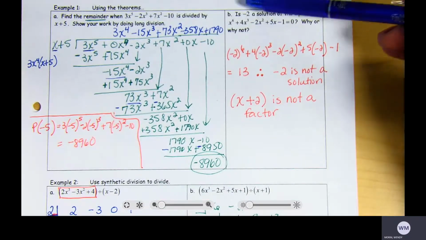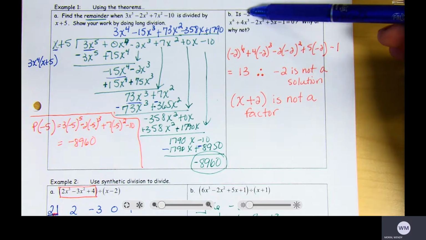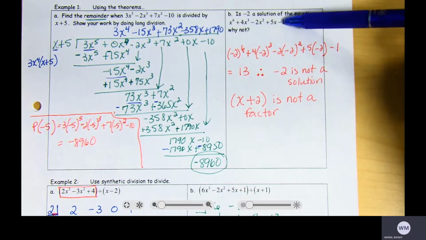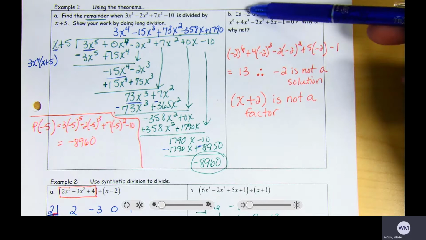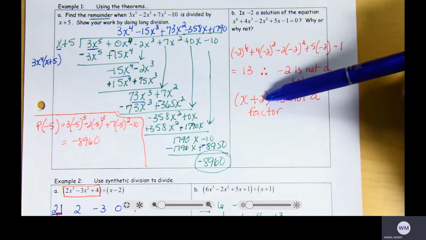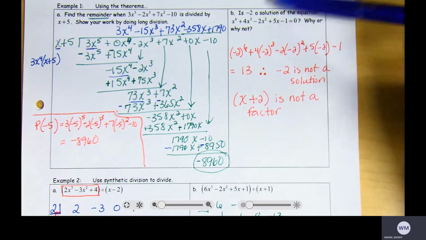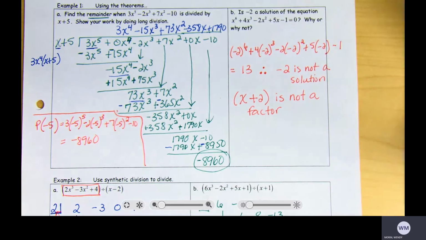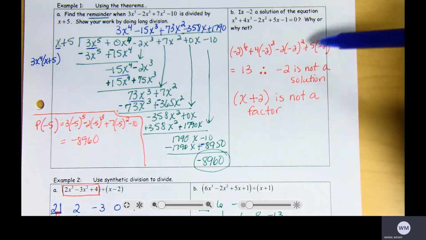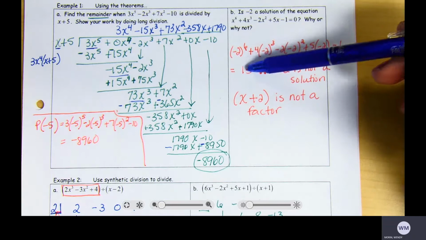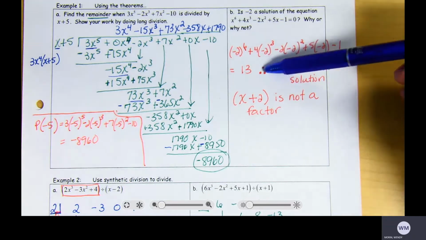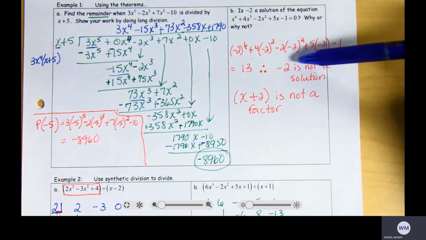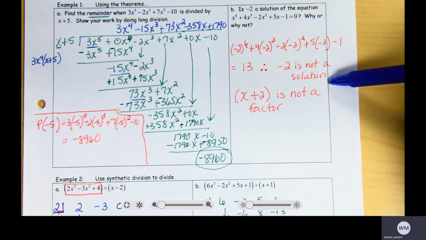When you are finding whether -2 is a solution, you are trying to figure out if x plus 2 is a factor. Does x plus 2 go into this evenly? And the answer is no, it doesn't, because you have a remainder of 13. Therefore, -2 is not a solution.